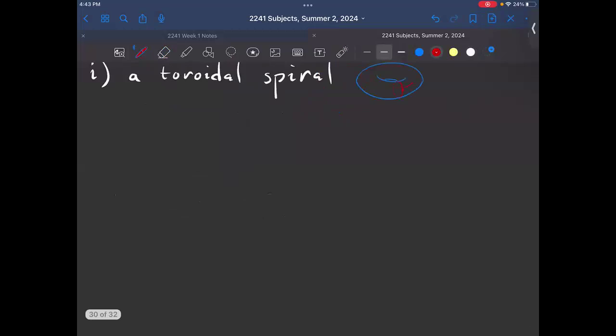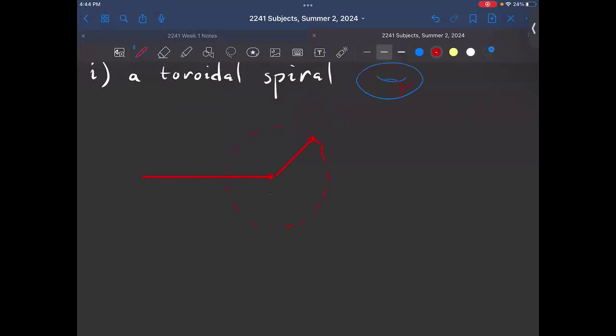So our torus is going to consist of maybe two vectors here. One going there, one going there. And then I want all of the vectors going around in a circle here.